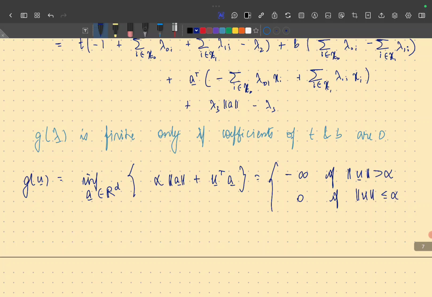In the exam we basically had something of the form the norm of A plus U transpose A. In this case, it's equal to minus infinity if the norm of U is greater than 1. It's equal to 0 if the norm is less than or equal to 1.